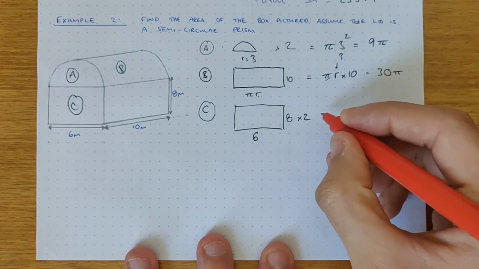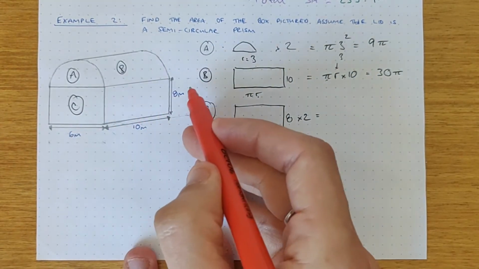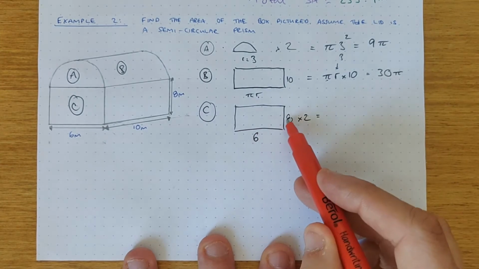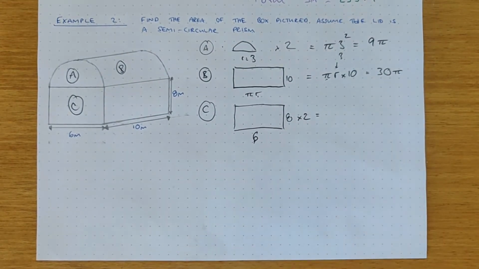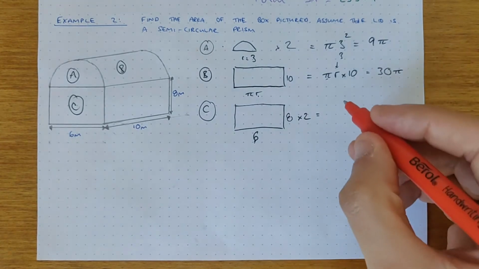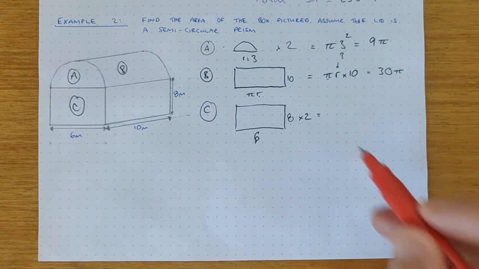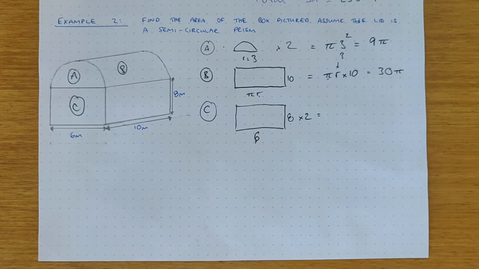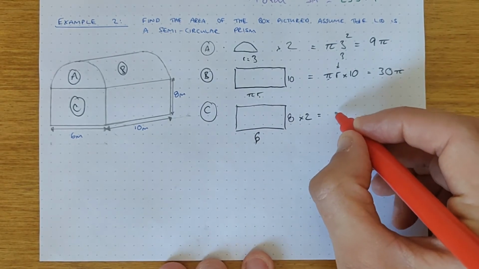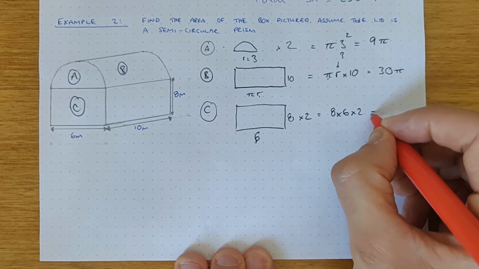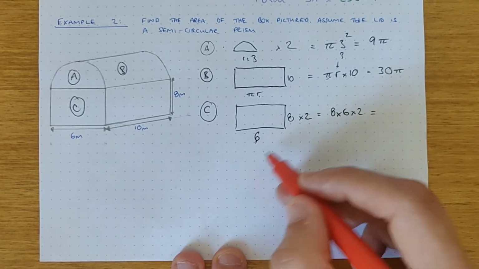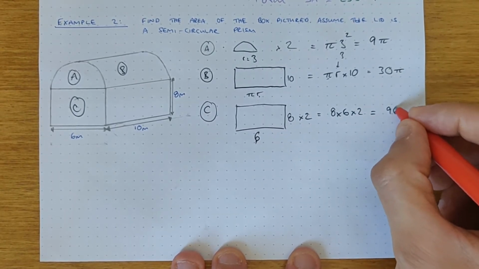I've got the front and the back. Now, I've got 6 times 8, which is 48. I also then have to multiply that by 2, so I'll write that out: 8 times 6 times by 2, which is 48 multiplied by 2, so 96.